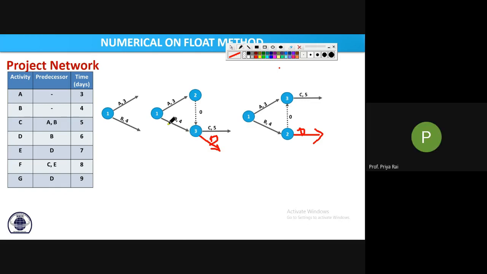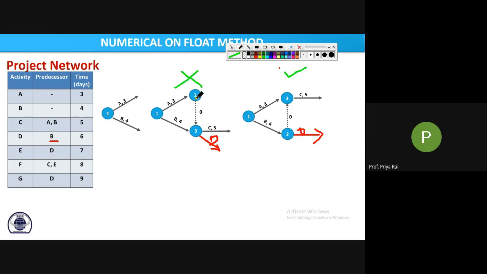In this event, both B and A activities are ending. That means D's predecessor will be both A and B in this case. But here, they have said that D's predecessor is only B. Here in this case, only B activity is ending, so we can say that D's predecessor is only B. Clear? So this will be your correct diagram and this will be your incorrect diagram.